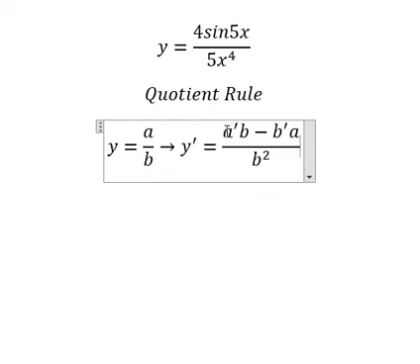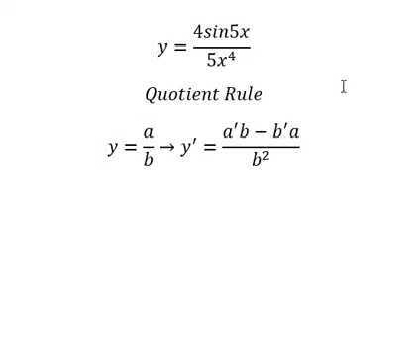That means we need to do first the derivative of a multiplied by b, minus the derivative of b multiplied by a, then we divide by b squared. Now we can apply this formula to this one, so that should be like this.